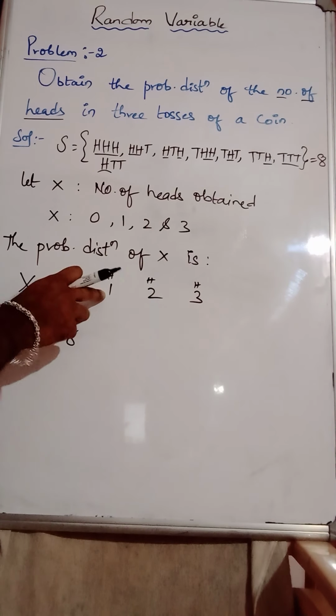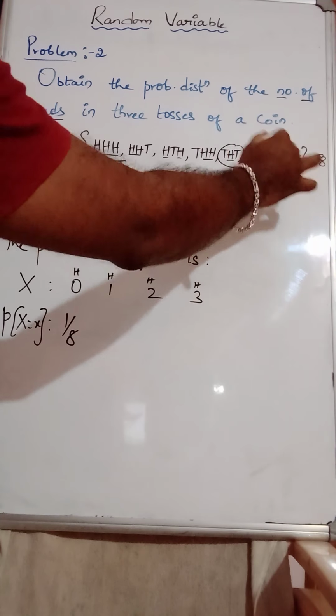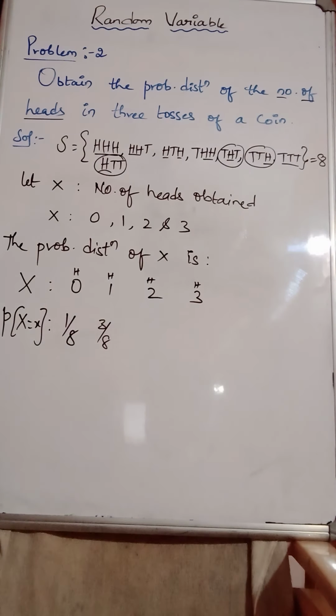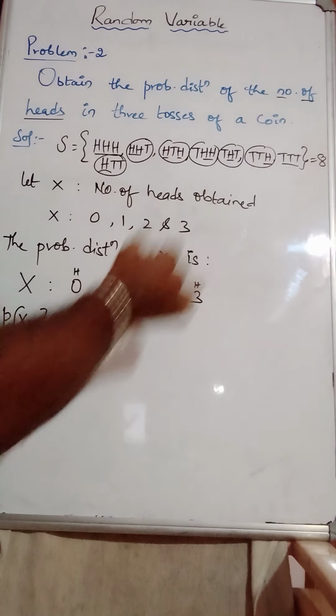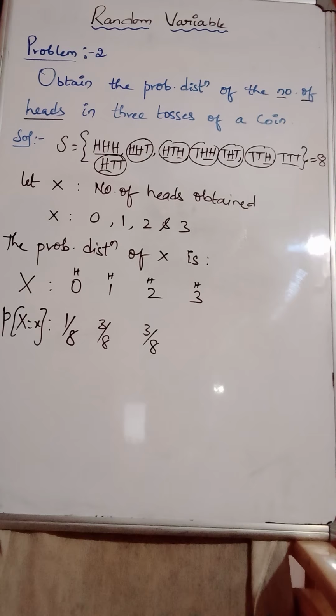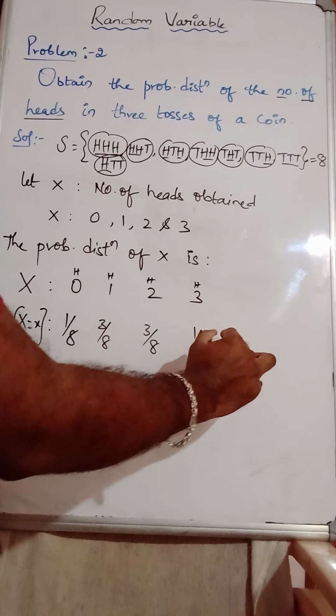Clear? Next 1 head, how many are there? 1, 2, 3. So 3 by 8. Next, getting 2 heads, how many? 1, 2, 3. That is also 3 by 8. Then getting 3 heads, how many? Only 1. 1 by 8.